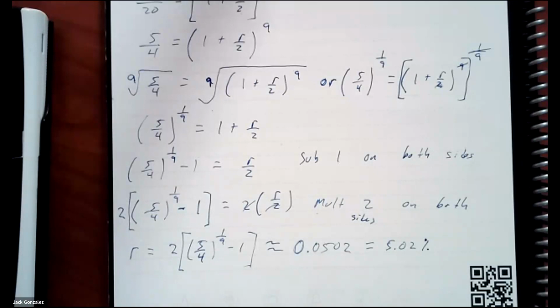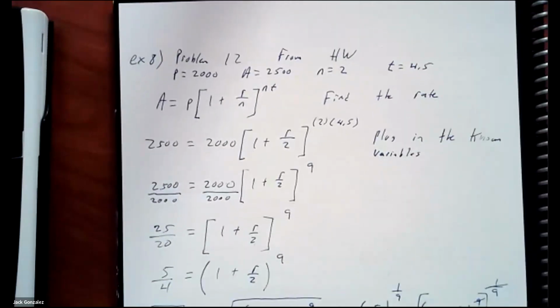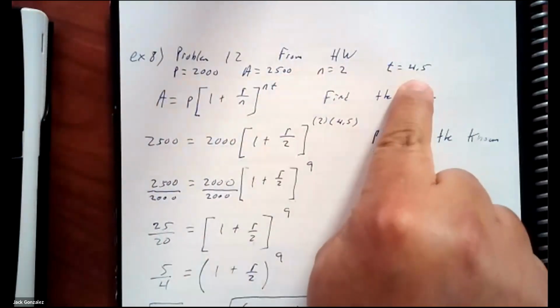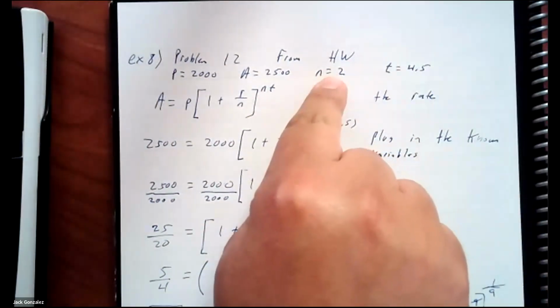I'll give you the formula on the next page. The question said, find the rate that will make the money go from 2,000 to 2,500 in 4.5 years, compounded semi-annually.